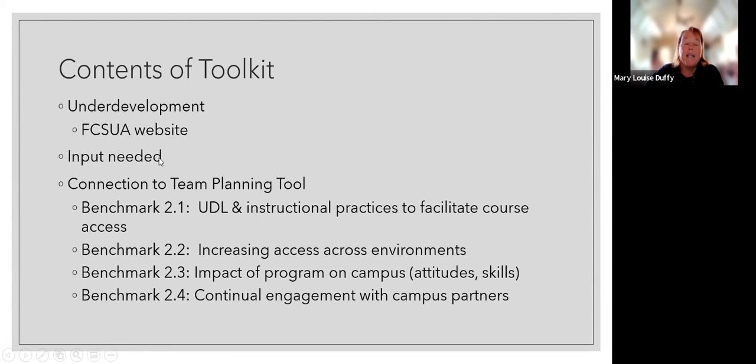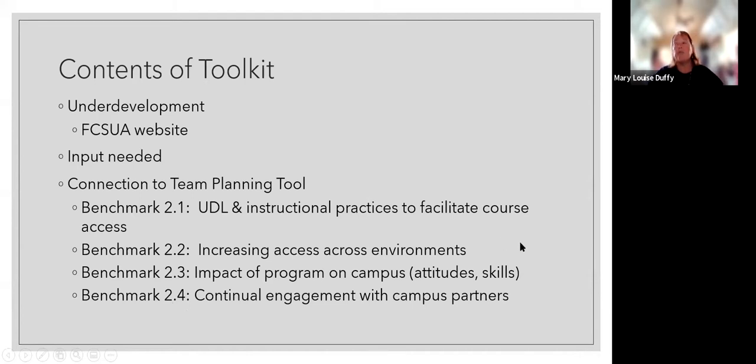To that end, your input is needed in order for me to be sure that I'm meeting the needs of the constituents. The other part of the toolkit is that it's connected to the online team planning tools, so that it looks at the benchmarks 2.1 through 2.4. Those are all the elements within the planning tool that relate to instruction and faculty support and access on the campus or in various environments.